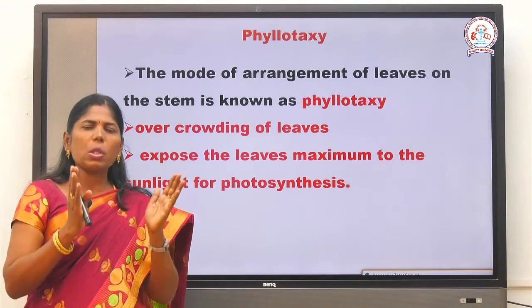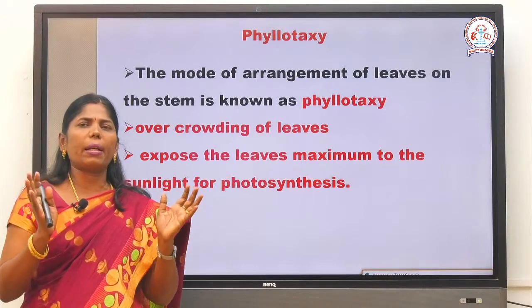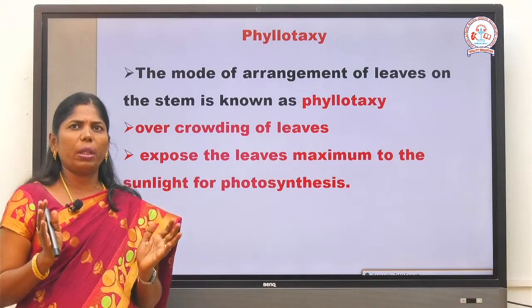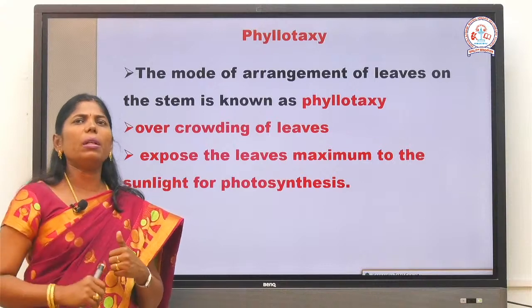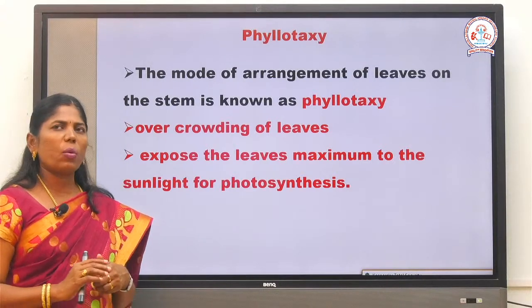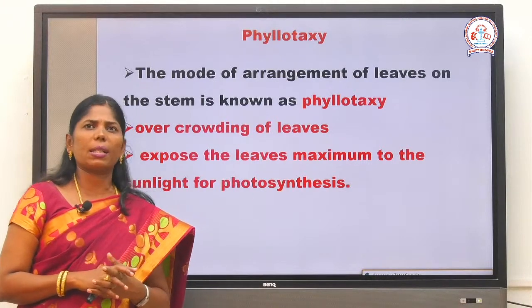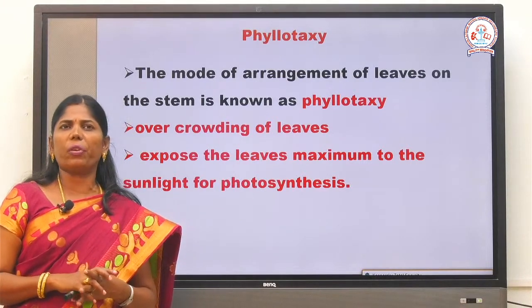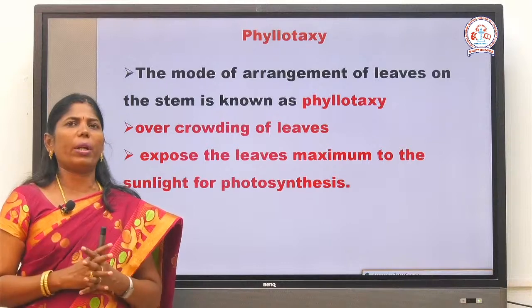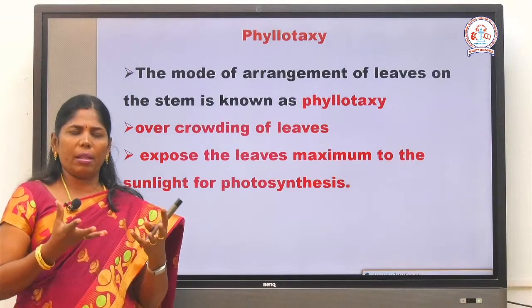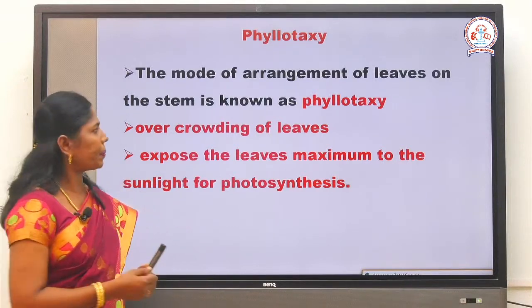Then only can they carry out physiological processes. So phyllotaxy, the mode of arrangement of the leaves on the stem, is useful to avoid overcrowding of the leaves so that they can get maximum sunlight.